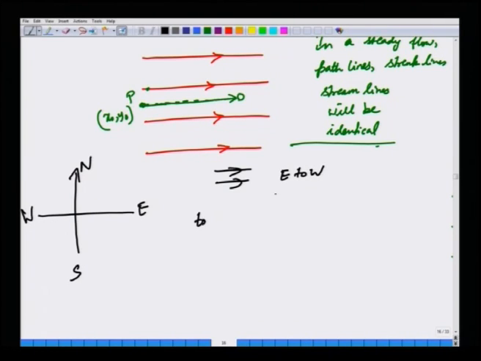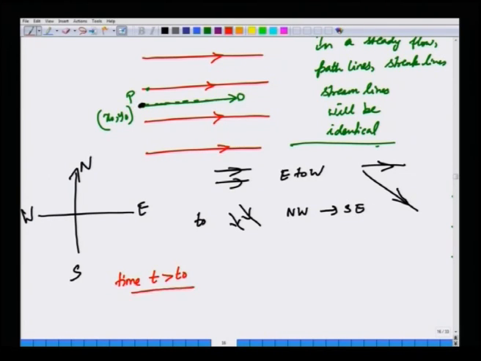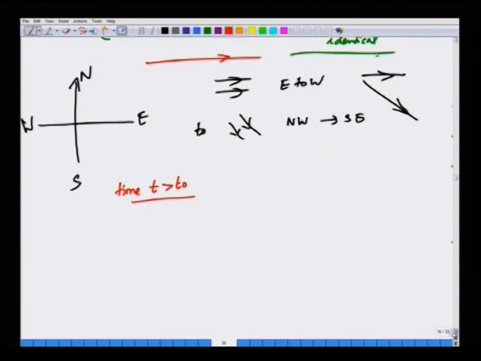At time t naught, the flow changes from northwest to southeast. So, at a later time, the flow instead of being like this, it starts being like this. And you are continuously injecting smoke from a chimney. We are looking at a later time t greater than t naught. What is the status of the path line, streamline and streak line?